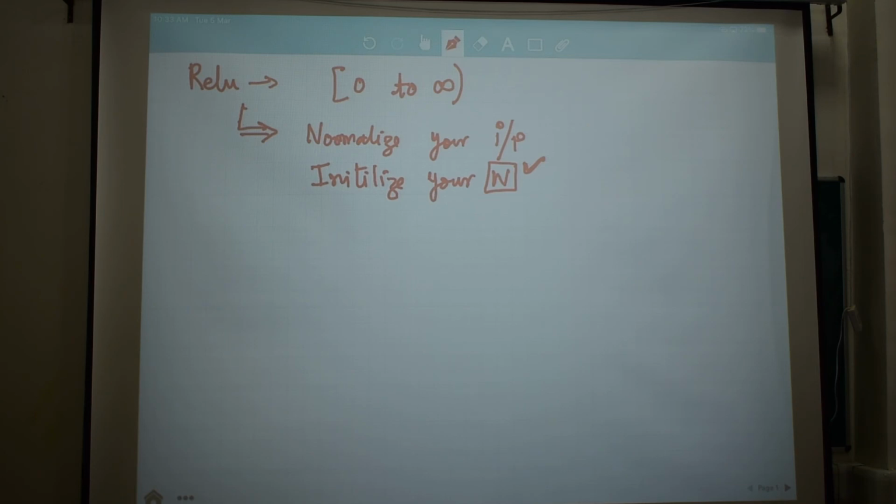Now this goes inside your activation function, and if it is sigmoid, it gets saturated. If it is ReLU, the values get exploded. So this is the problem because of which we do not want our network to have very high weights.